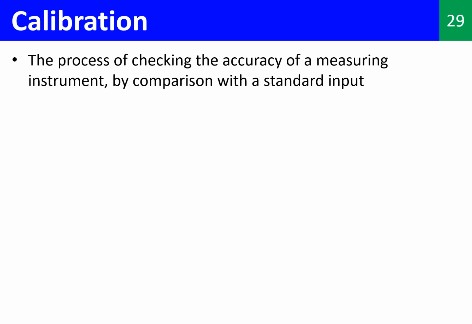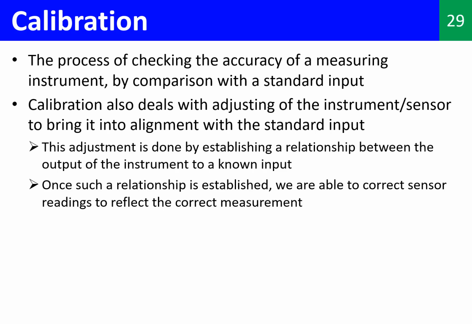So the process of checking the accuracy of a device by comparison with standard inputs is known as calibration. And not only that, adjusting the instrument to be aligned with the standard input is also called calibration. Basically, once we know the discrepancy, we can establish a relationship between the output and the input and use that to correct the device.